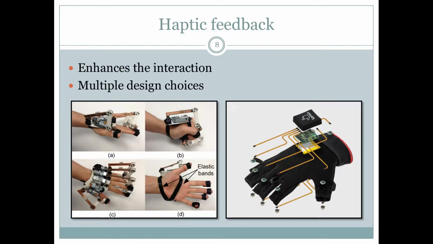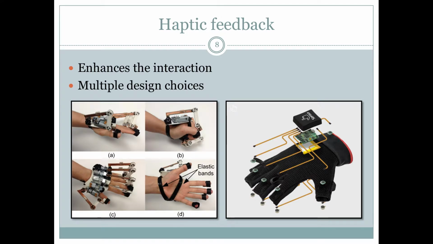Finally, we have the haptic feedback, which is related to the necessity of having haptic feedback when we touch objects. Of course, virtual objects are not material, so we cannot feel when we touch them. There have been a lot of designs over the years, especially since the birth of virtual reality, which try to give haptic feedback to the movement of the hand.